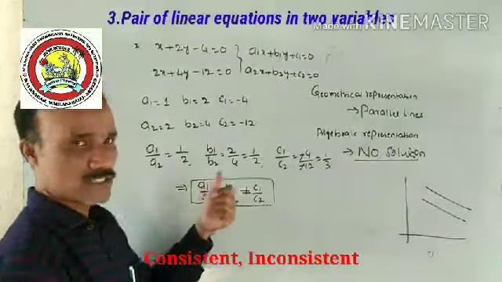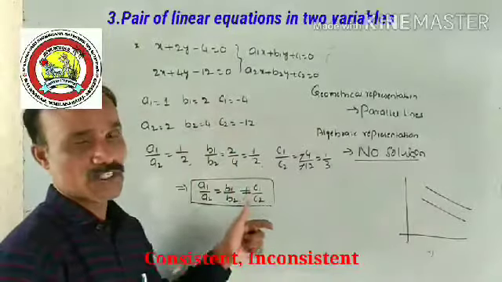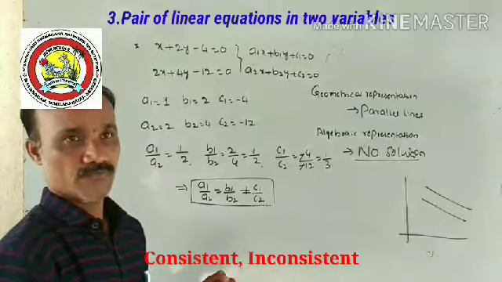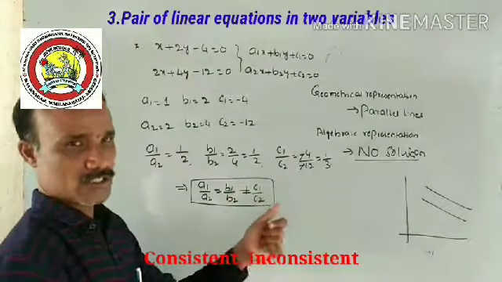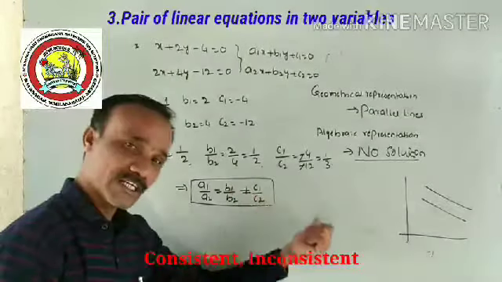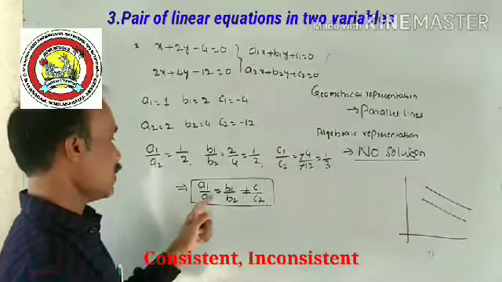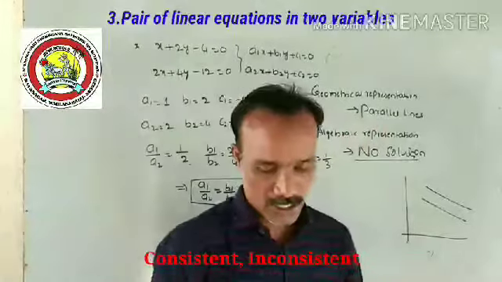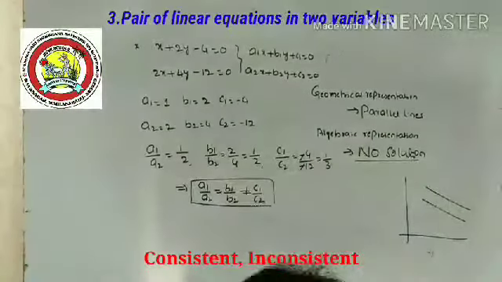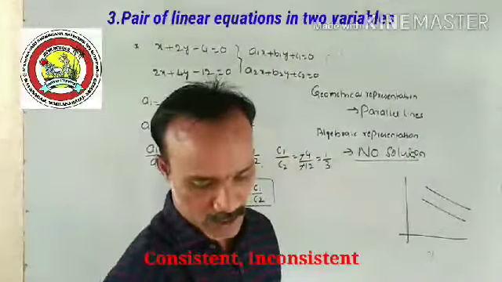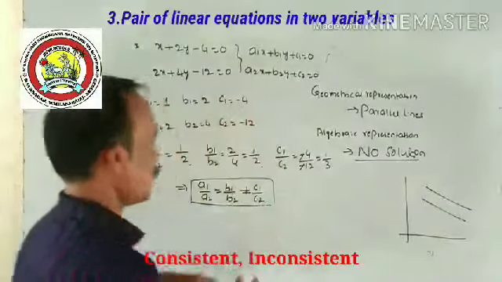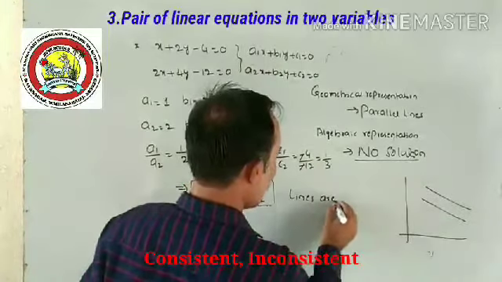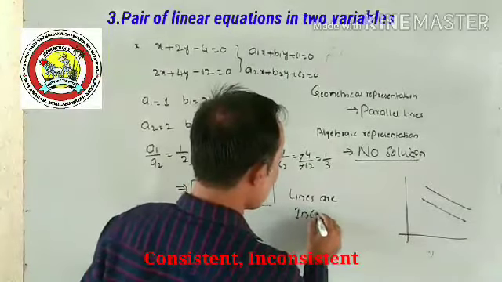Second case, a1 by a2 is equal to b1 by b2 is equal to c1 by c2, coincident lines. Third one, a1 by a2 is equal to b1 by b2 not equal to c1 by c2, parallel lines, so no solution. So this is very important. In this case, the lines are inconsistent.